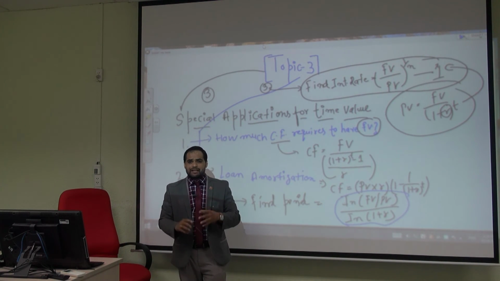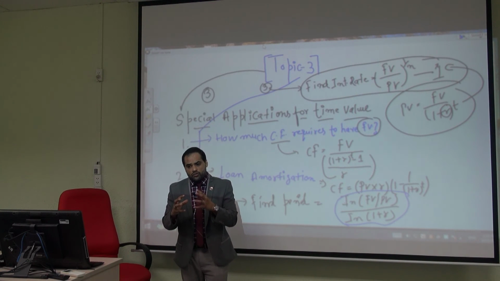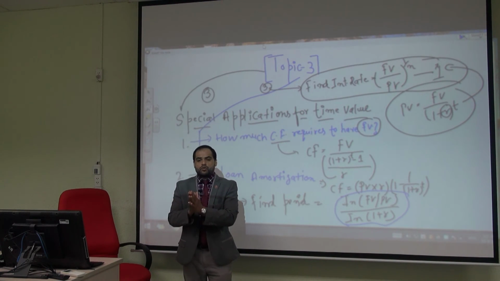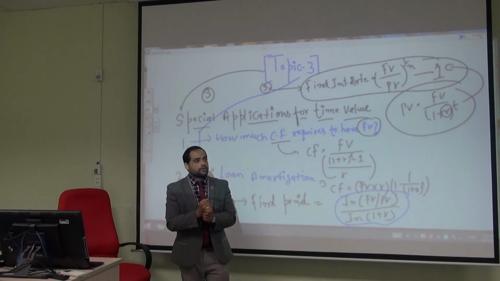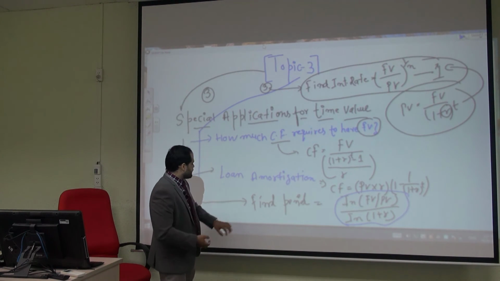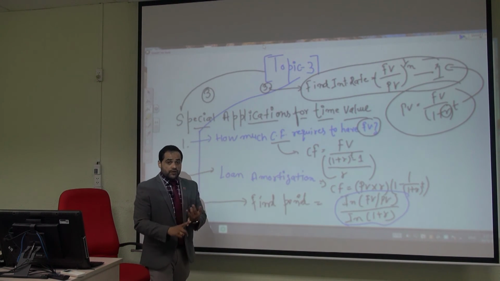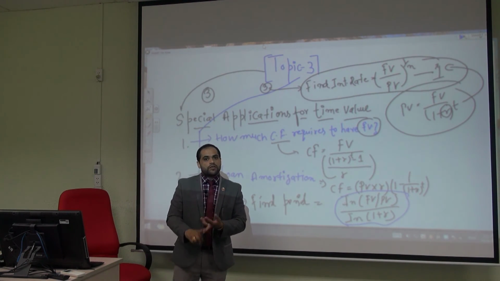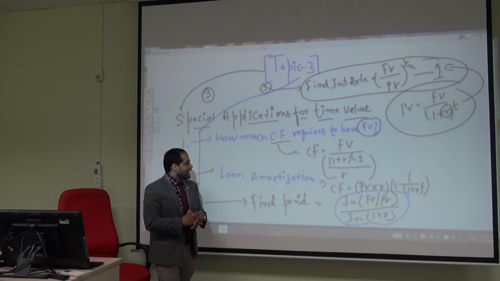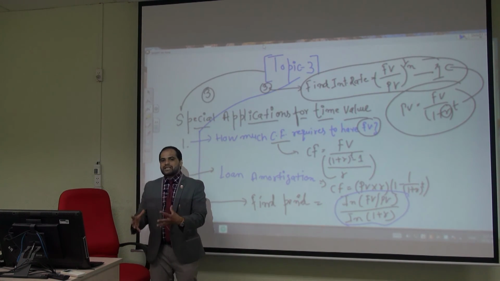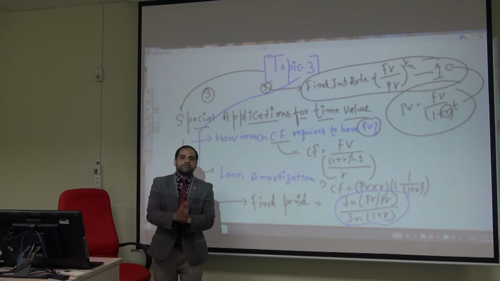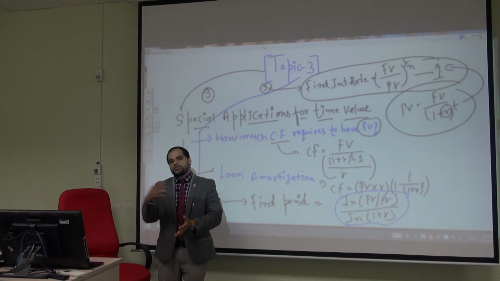We have to estimate how much interest rate we require to convert present value into future value. And the last one is finding period. The rate of interest, present value, and future value are given, so we have to find how long it will take to convert that present value into future value.